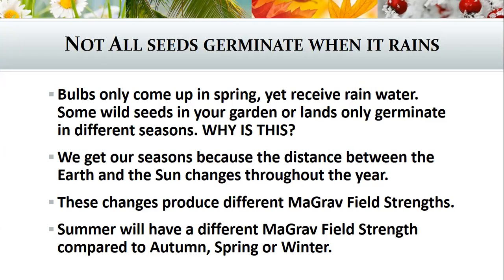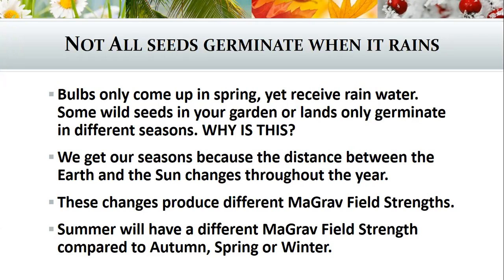But at the same time, we now understand that these changes in the fields are also in the rainwater. And so when it rains in that early springtime and this water filters through to the soil, the bulbs come in contact with this water and the correct fields, and bingo, there's that connection and the bulbs start growing. So we can start looking at things differently as to how they work.